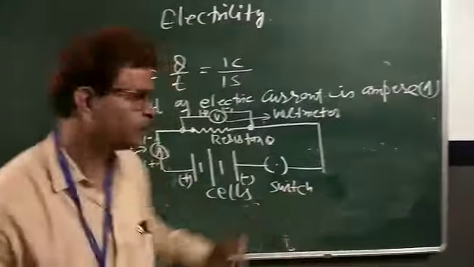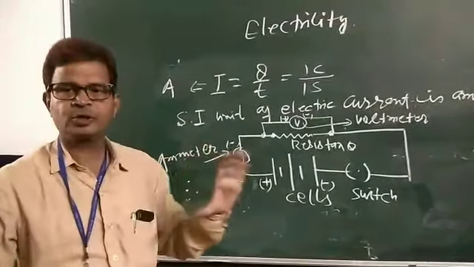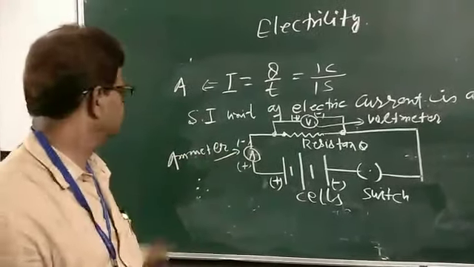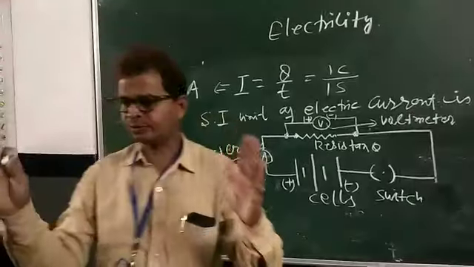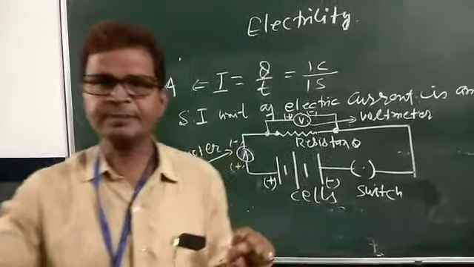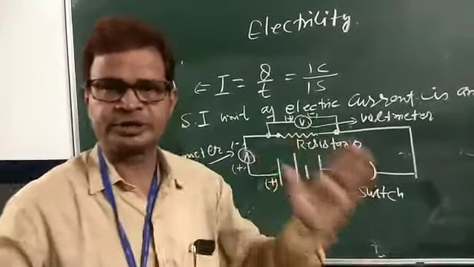Okay? And now I am going to discuss about the types of electric circuit. There are two types of electric circuits. One of them is open circuit and the other one is closed circuit.